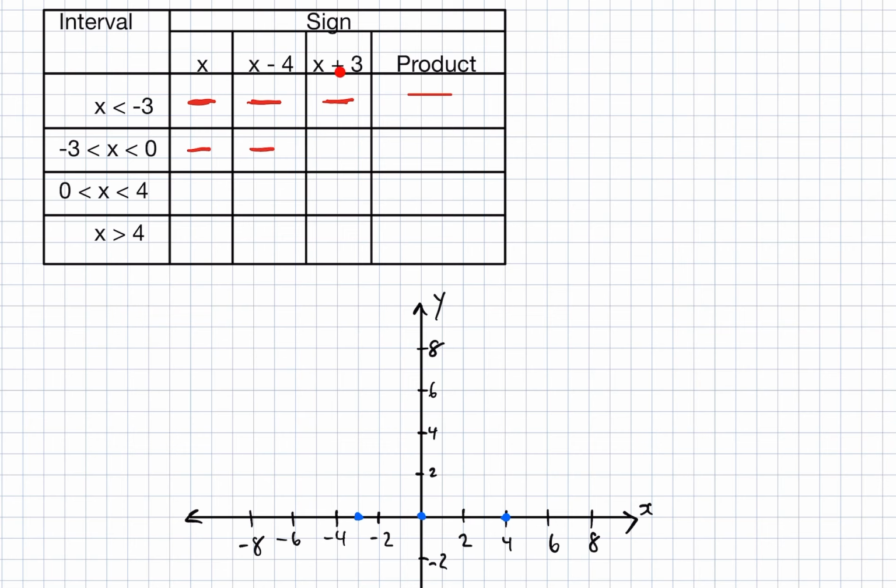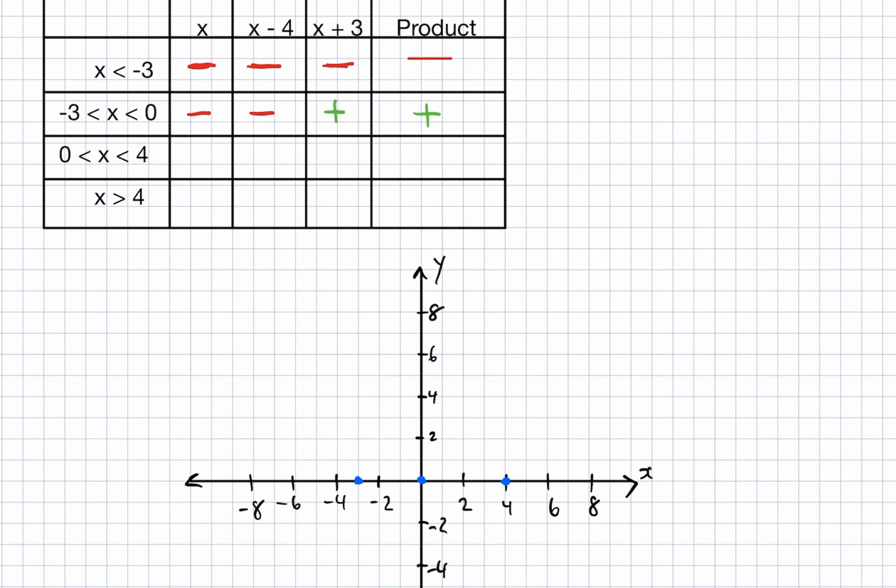Then negative 1 plus 3 is 2, a positive number, so we put a positive sign there. A negative times a negative is a positive, and a positive times a positive gives us a positive. So we're going to write plus there.